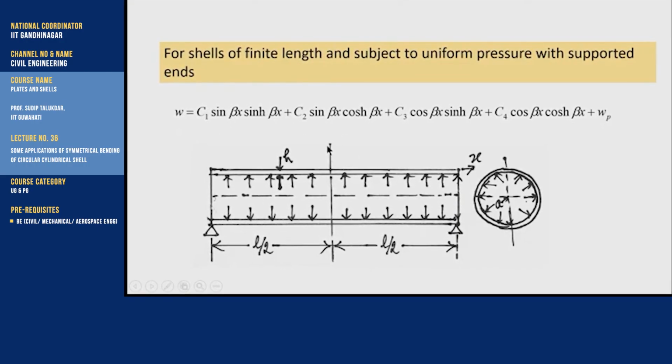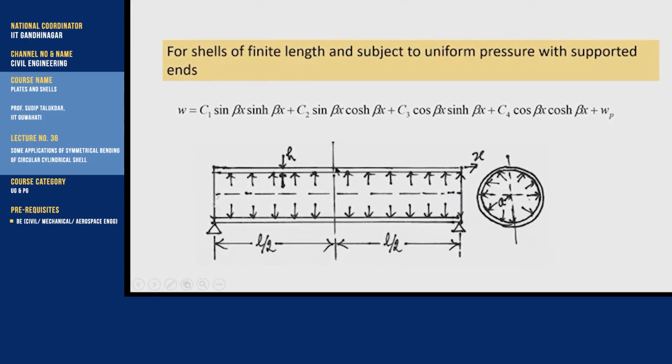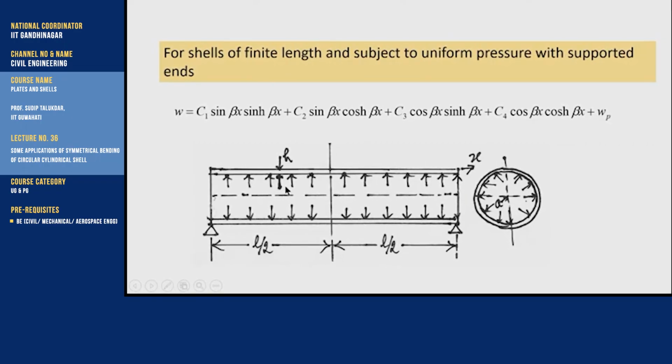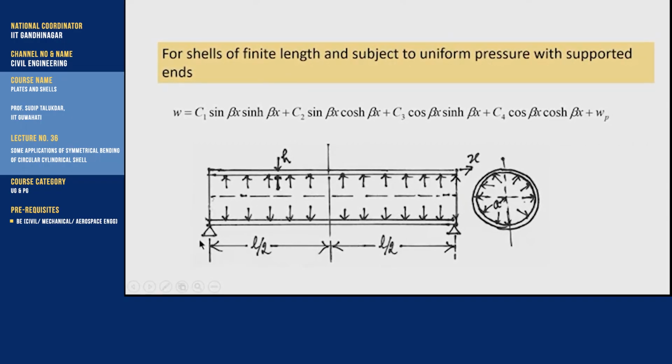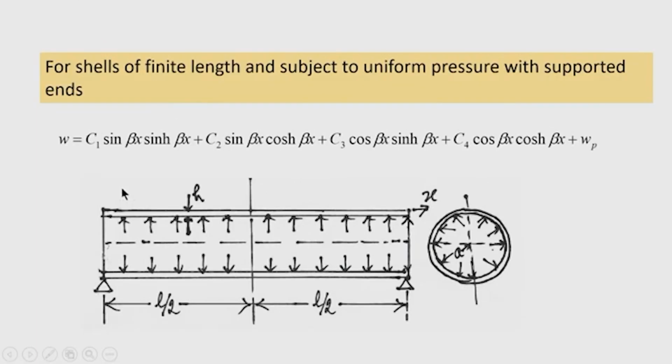So, since the shell is symmetrical with respect to the center of the shell in respect of loading, geometrical parameters and support, then we can assume that the deflection of the shell shall contain only the even functions. So, let us identify what are the even functions in this expression.